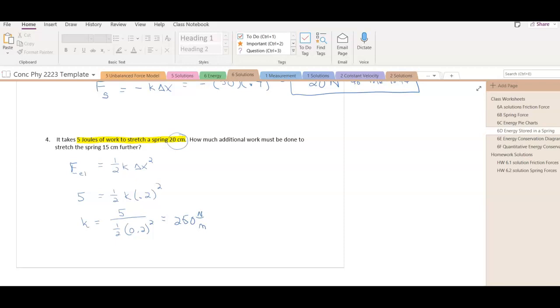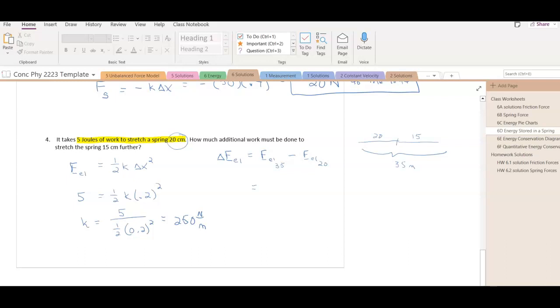So the additional work would be the difference between the elastic potential energy stored at 20 centimeters. Oh, I'm sorry. So first it was stretched 20 centimeters, and then it stretched an additional 15. So then the total is 35 centimeters, right? So I need to take the difference of the energy stored when it's at 35 centimeters minus the energy stored when it's at 20 centimeters. Okay?